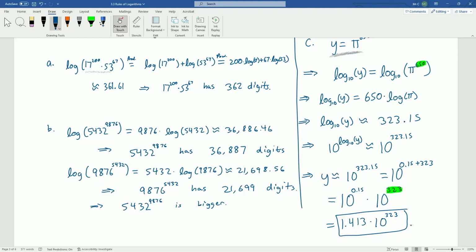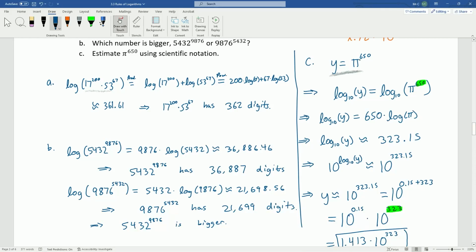So again, just to recap that process, we started with y equals pi to the 650. So we took base 10 logarithms of both sides, because the logarithmic rules let us rewrite this as a product of 650 times log of pi, which I can then evaluate in my calculator. And then just to get back to y, instead of having log base 10 of y, we apply the base 10 to each side.